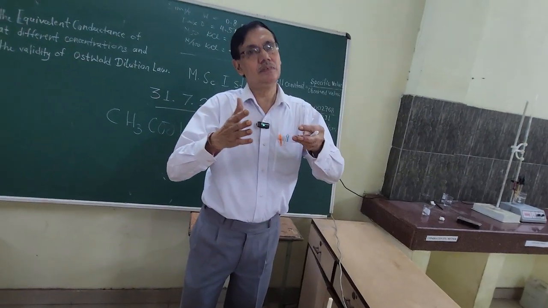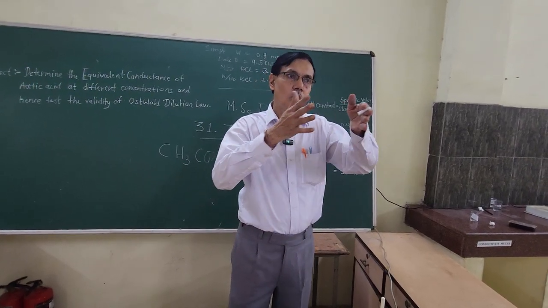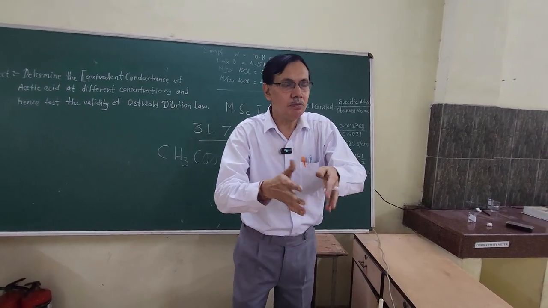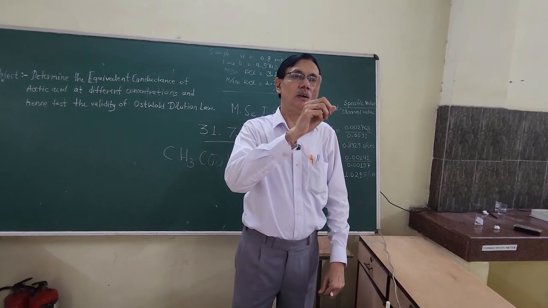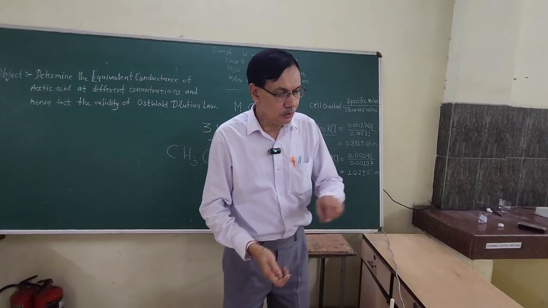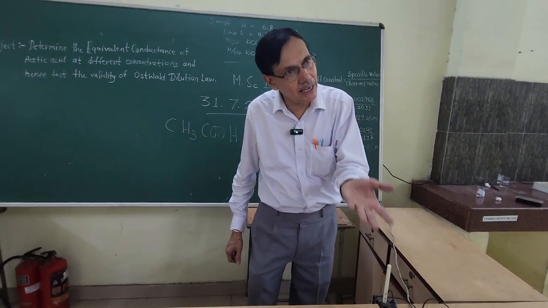Because you know the formula of specific conductance is observed conductance multiplied by the cell constant. Suppose your cell constant is 1, so the values of observed conductance and specific conductance will be the same.